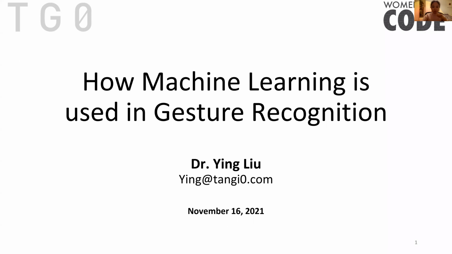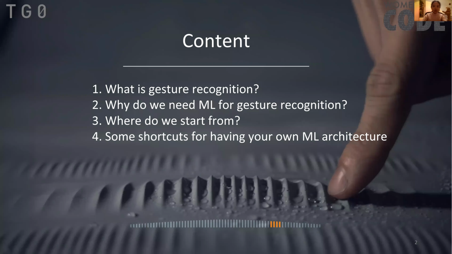I'm going to first show you some examples of these combinations with capacitive sensor. Then I'm going to point out what kind of application would be considered as a gesture. And then I'm going to show you why we need machine learning for this, and what the other companies do apart from my company TG0.